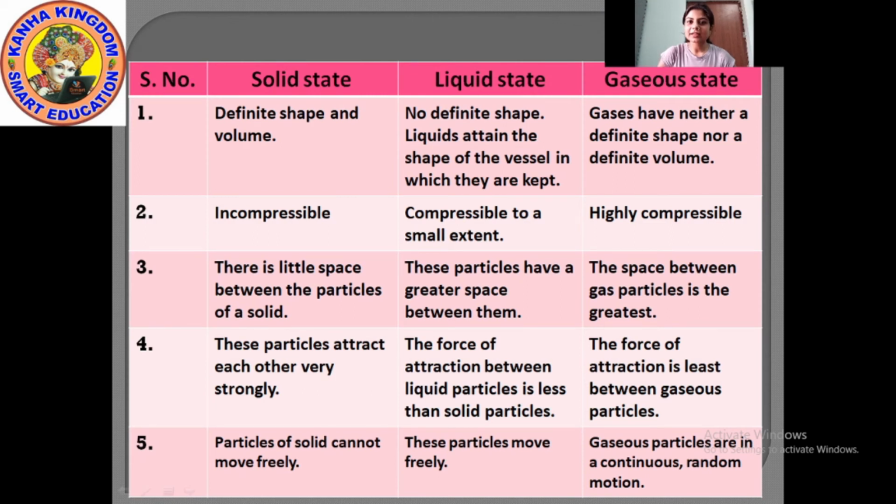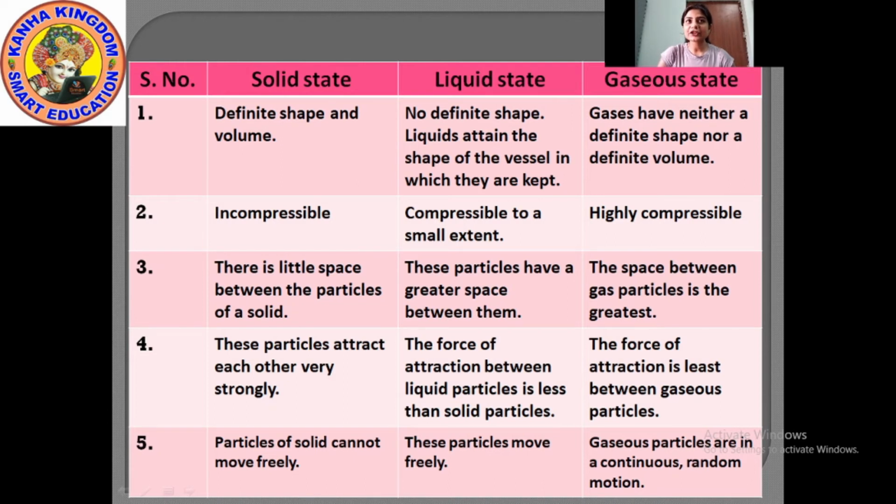So students, what are the different states of matter? Those are solid state, liquid state and gaseous state. Now let us differentiate between these states. First, number 1, solid state. Solids have definite shape and volume. Then liquid state, liquids have no definite shape.